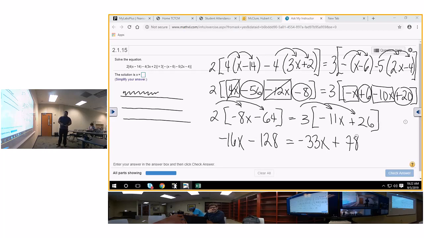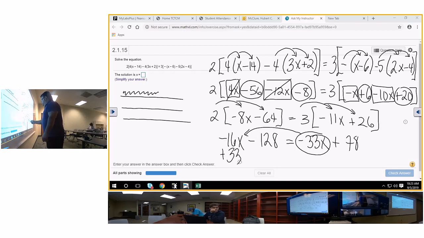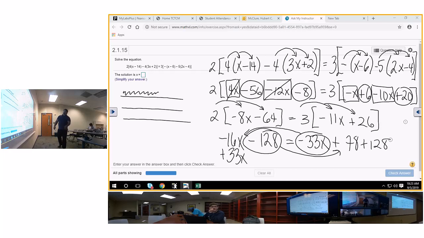87. And I'm gonna bring the 33 across the river, and that's going to be a plus 33x. Bring the -128 across the river. And I have no idea what 33 and 16 is without thinking, so somebody tell me what it is. 49?